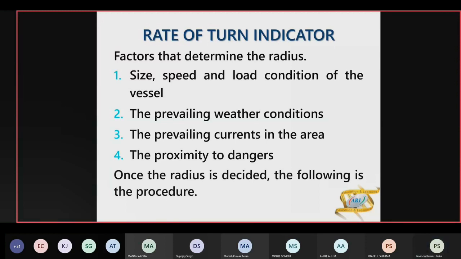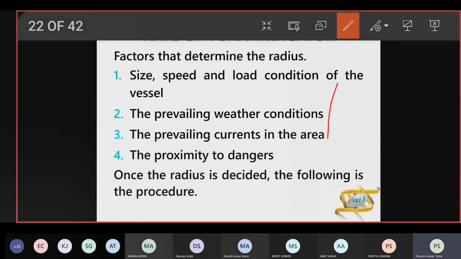Remember that we also talked about the factors that affect the turning ability of the ship. All that consideration also goes into this. Not only this, but also the other factors that we saw in the beginning also go into it.